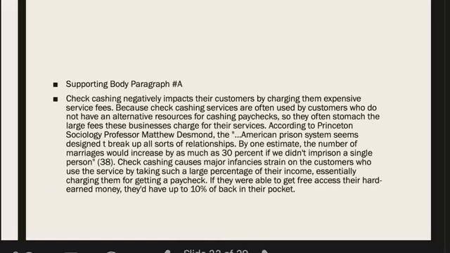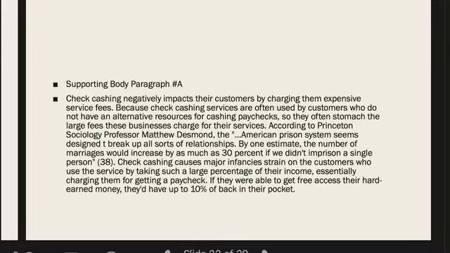Check cashing negatively impacts their customers by charging them expensive service fees. Because check cashing services are often used by customers who do not have alternate resources for cashing paychecks, they often stomach the large fees these businesses charge for their services.